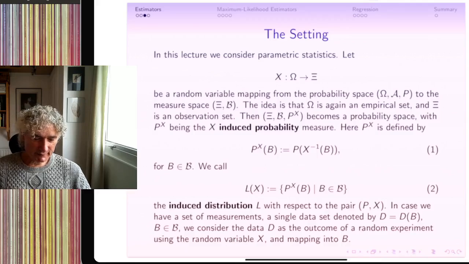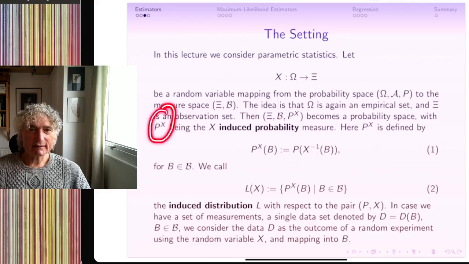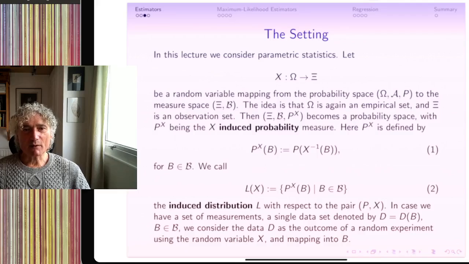So we introduce here the induced probability P^X. So we always write it P to the power X, but that just means it's the induced probability on the measure space (Xi, B), which is induced by the probability P on the original space (omega, A, P).